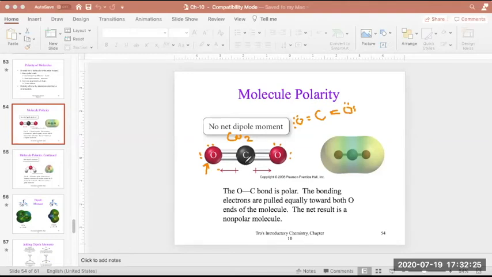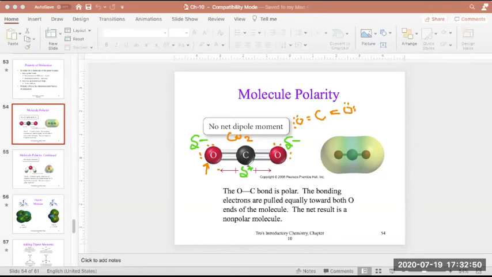So that means oxygen will get some partial negative charge because of its bigger electronegativity. This will also get a partial negative charge, and carbon will get a positive charge because it has a lower electronegativity number.